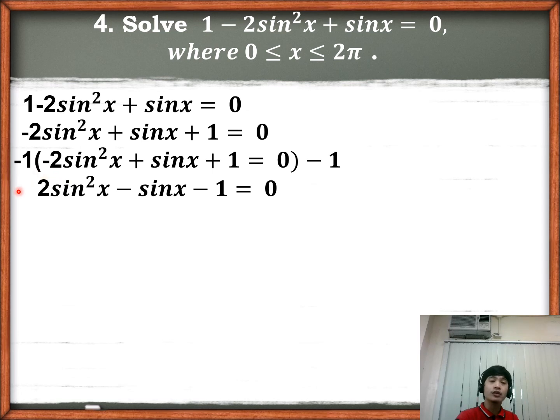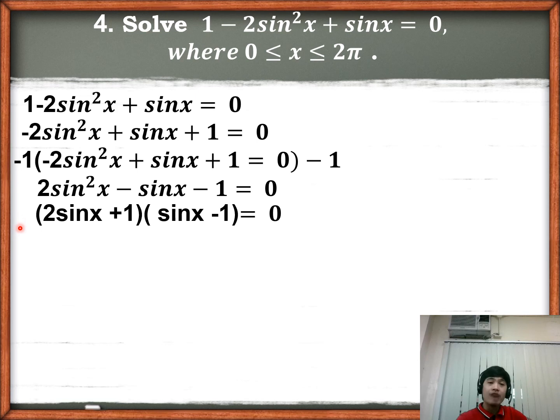We all know that one way to solve a quadratic equation is factoring, so let's apply it here. These are the factors. The next step after factoring is to set each factor to 0. That becomes 2 sine x plus 1 equals 0 and sine x minus 1 equals 0.